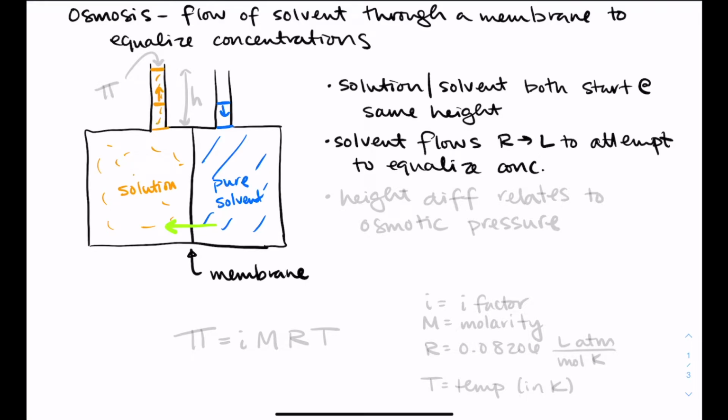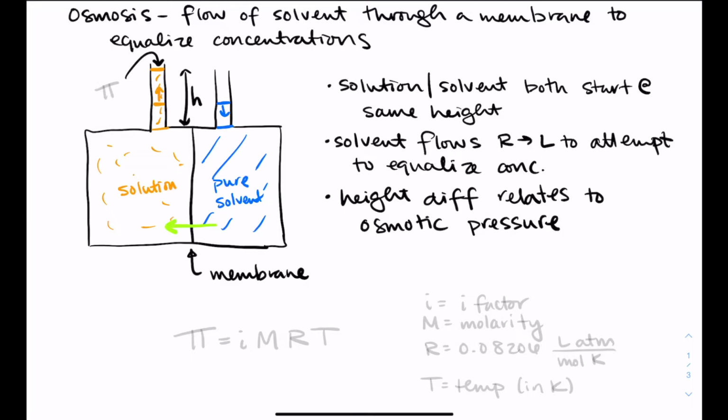So the equation has those things in it. Pi equals iMRT. So the pi is the osmotic pressure. i is my van 't Hoff i factor. M, molarity. So we're using molarity again. R, it seems weird, but we're using the version that has atmospheres in it.